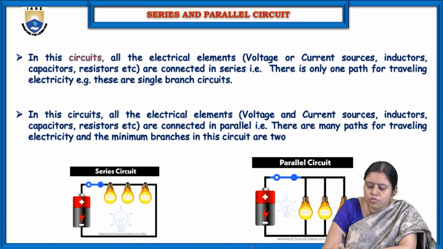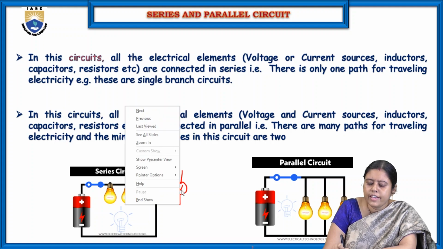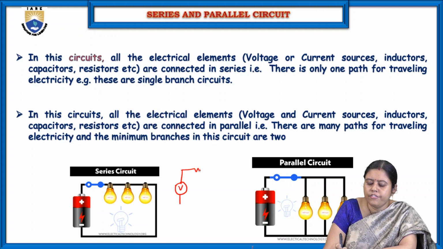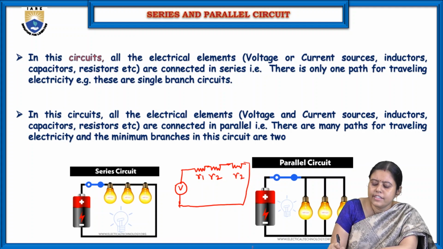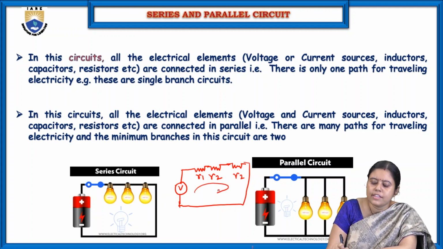If I want to draw it, this is the voltage source, then first bulb R1, second bulb R2, third bulb R3, all in series connection. That is, there is only one path for traveling electricity. So these are single branch circuits. What is happening?